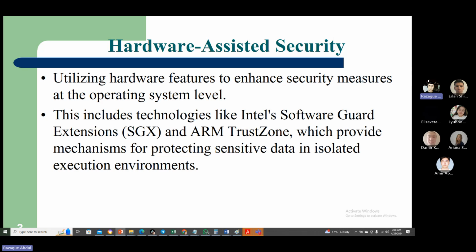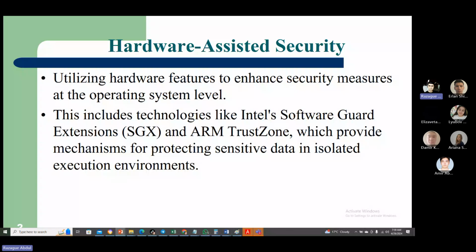Second, we have ARM TrustZone. This technology is a system-wide approach to security on ARM processors, often found in mobile devices, embedded systems, and increasingly in larger computing systems. TrustZone introduces a secure mode at the hardware level, creating an environment that runs alongside the operating system in parallel with the normal operating mode.